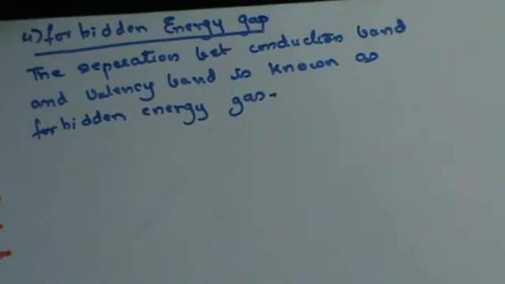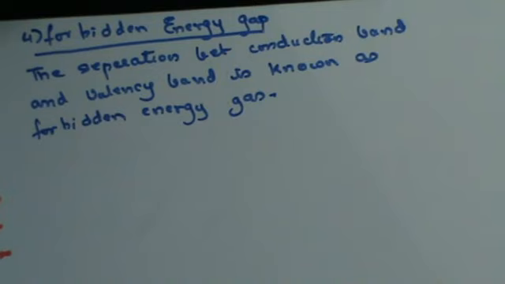If the valency electrons are loosely bound to the nucleus, then the forbidden energy gap will be smaller. So the greater the energy gap, the more tightly is the valency electron bound to the nucleus. In order to push an electron from valency band to conduction band, some external energy equivalent to the forbidden energy gap has to be supplied.